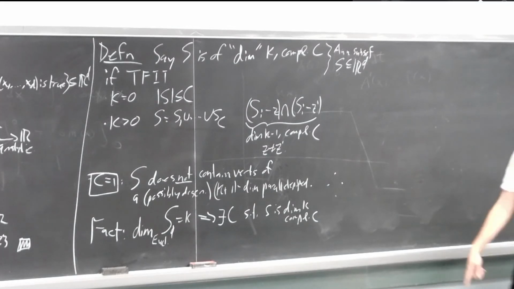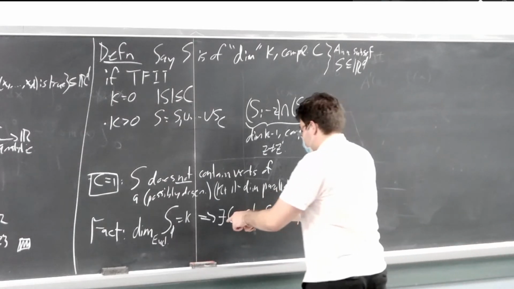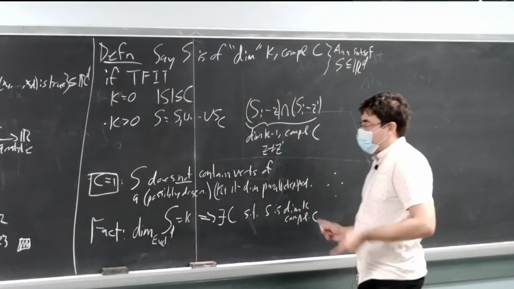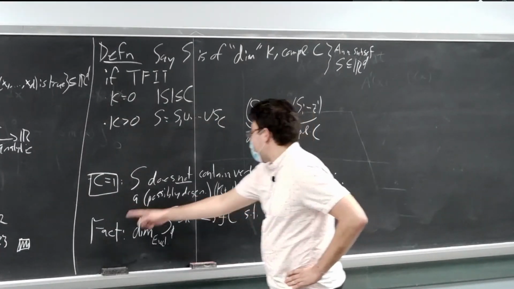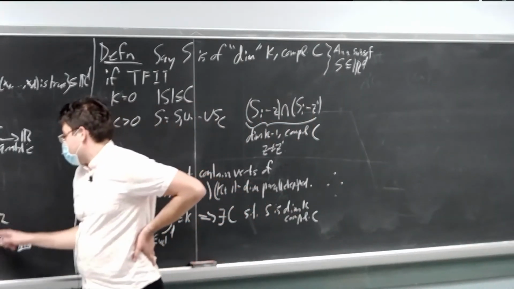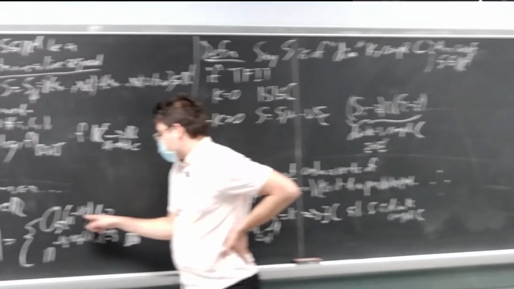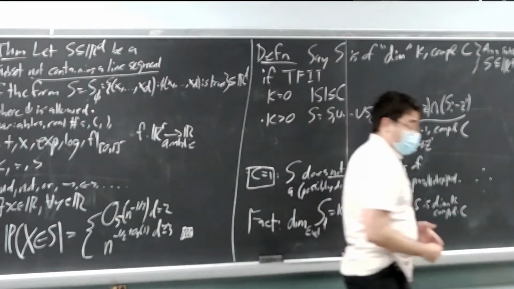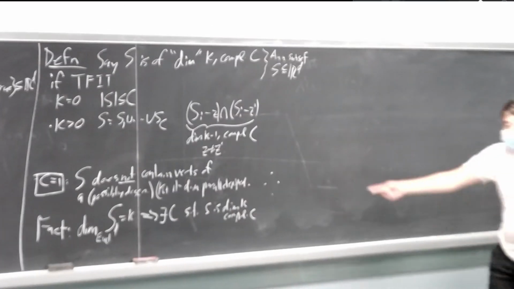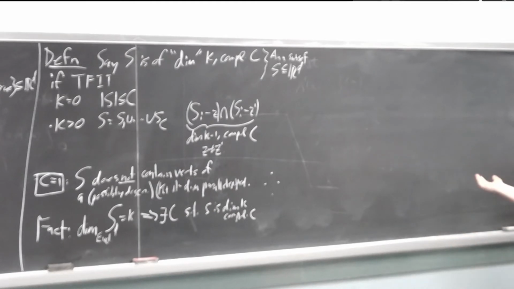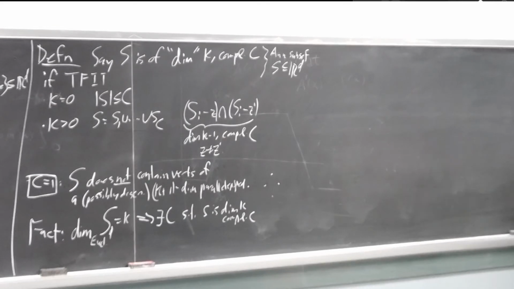So Artem wanted to know if this fact was all I was going to use to prove this theorem, and the answer is no. This fact can be used to prove this theorem with 2 to the k plus 1 in the exponent. If you want to improve it to 2, you actually need to use the model theory again. It was rather surprising that we used model theory first for this, and then we lucked out, and someone proved something useful in model theory in a different context, which was again useful, and it just worked out really.